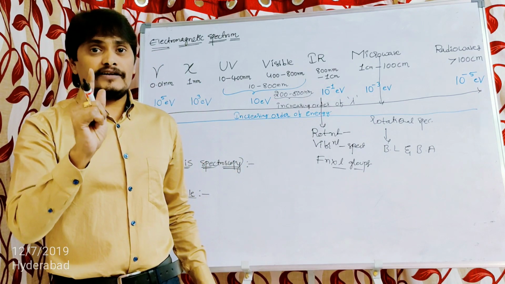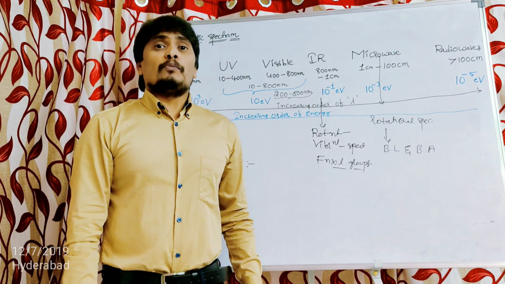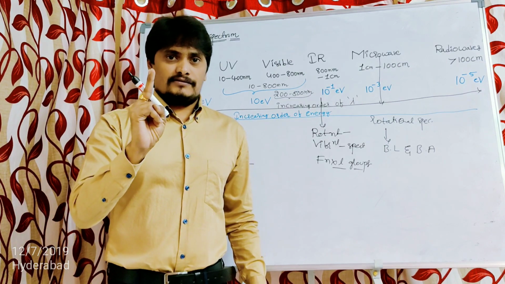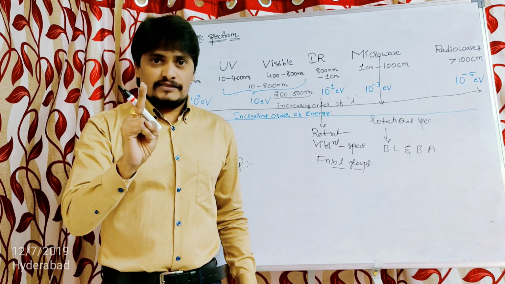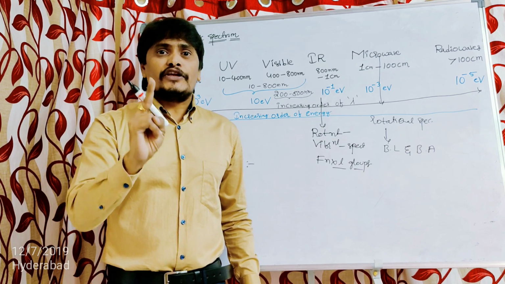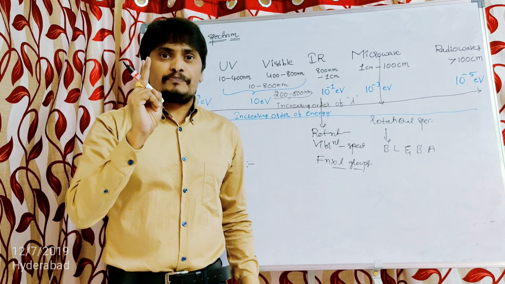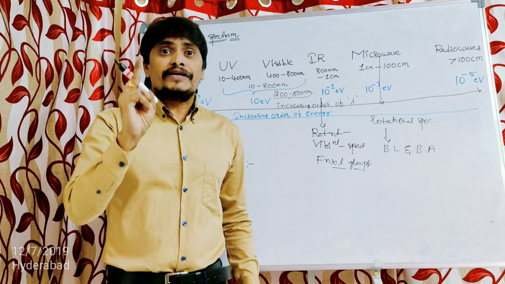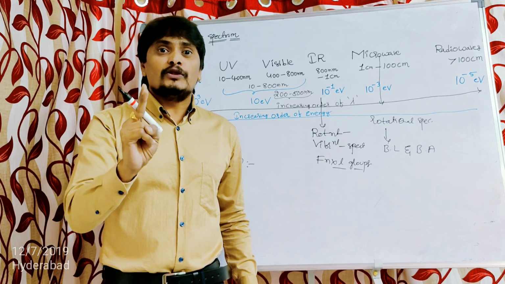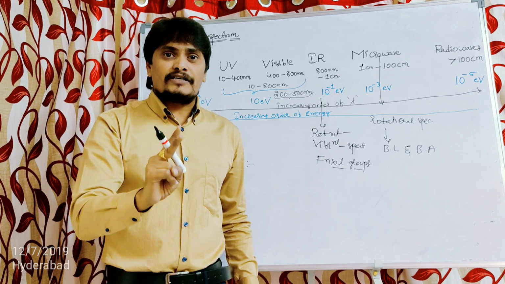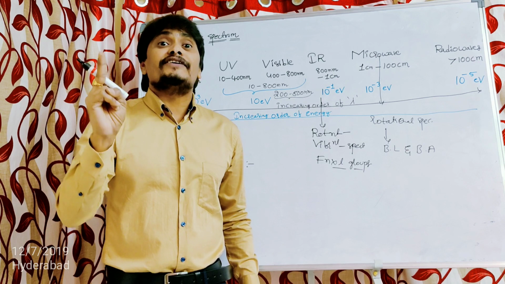Because of two reasons, we will not record the UV visible spectra from 10 to 800 nanometers, even though the minimum value is 10 nanometers and the maximum value is 800 nanometers.